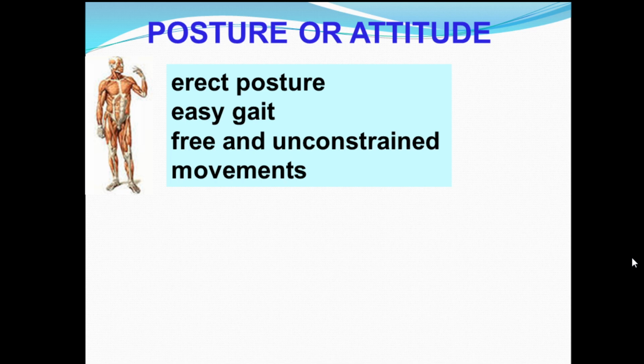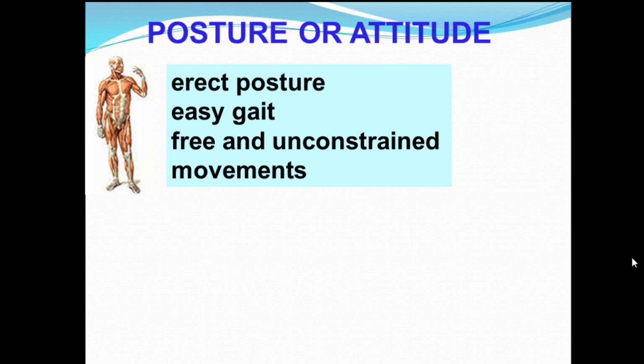And if we reveal some deviation from the norm, we will look for the problem first of all in these systems and organs. Normally, the patient has erect posture, easy gait, his movements are free and unconstrained.